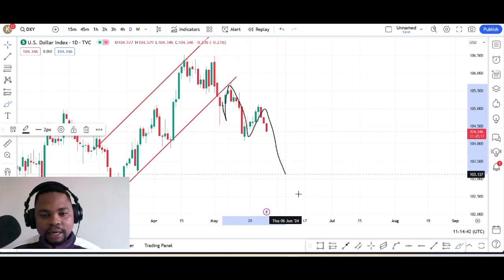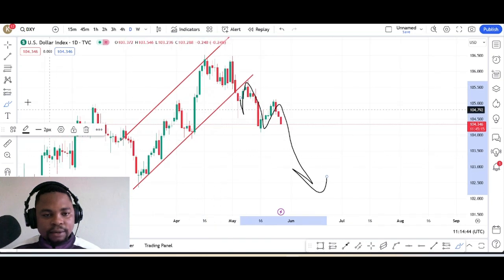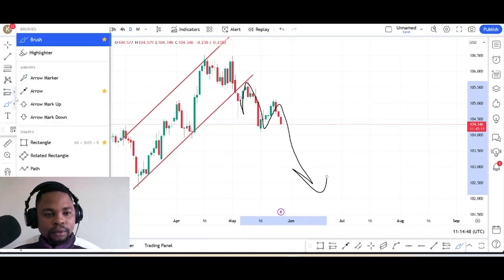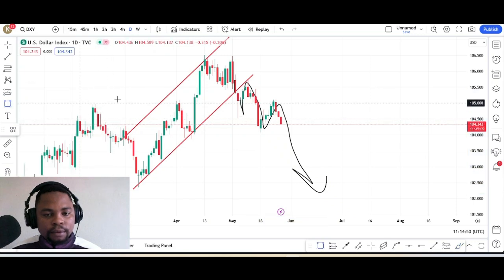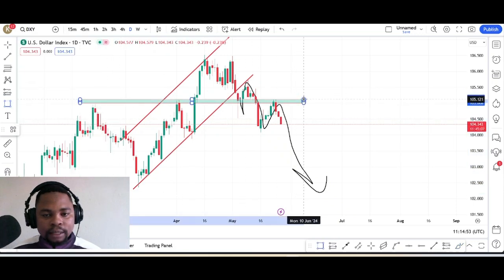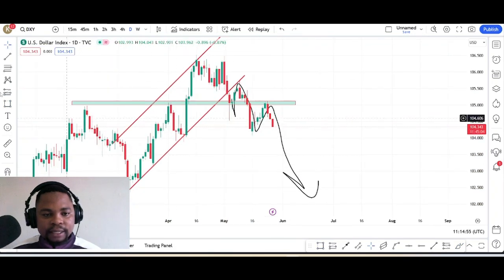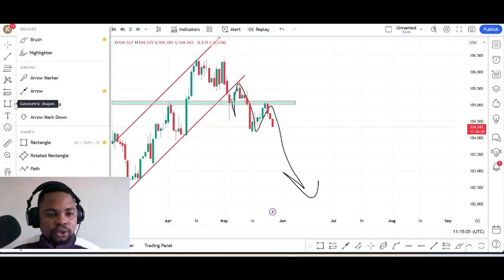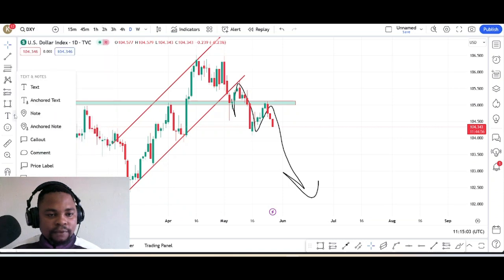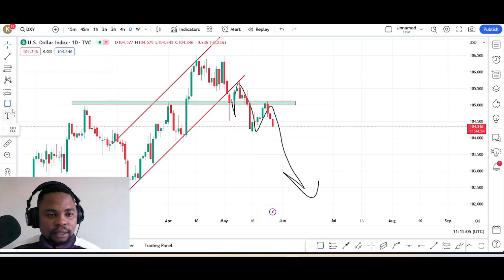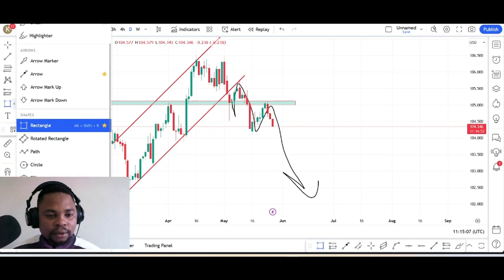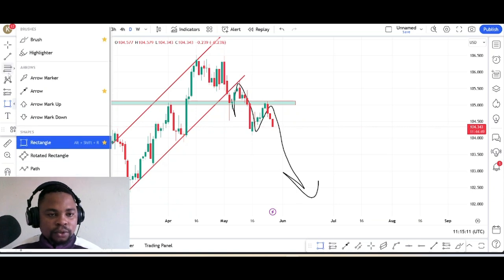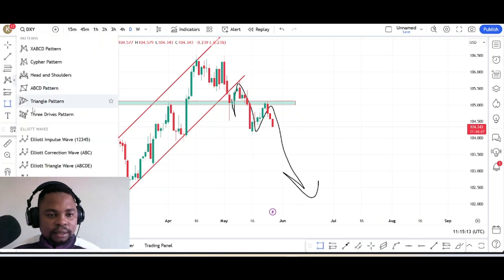Right now we are going further downwards, and then I take my zone and put it there and say it came to test the second shoulder in this zone, and now it's showing me that it's ready for sells, showing me that now I'm actually ready to participate in sells.